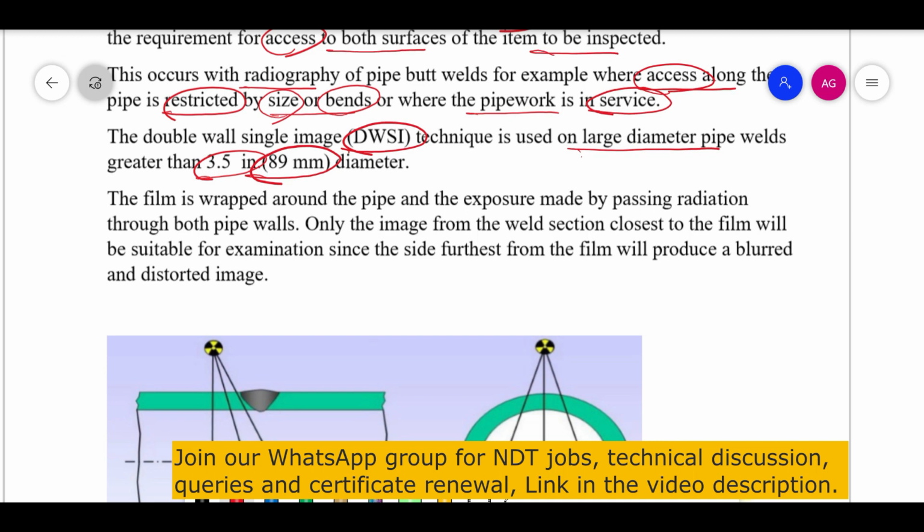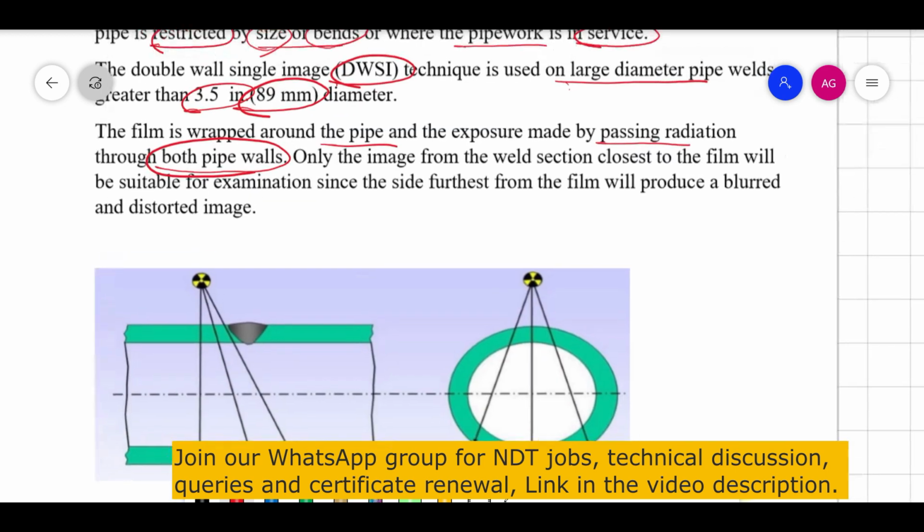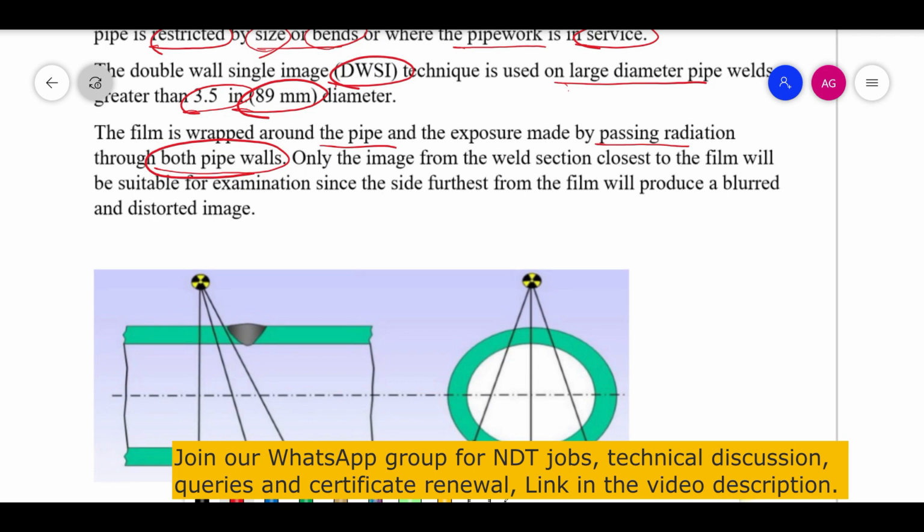Film is wrapped around the pipe and exposure is made by passing radiation through both pipe walls. So here radiation exposure goes through both pipe walls and the film is wrapped outside. Only the image from the weld section closest to the film will be suitable for examination, since the side furthest from the film will produce a blurred and distorted image.